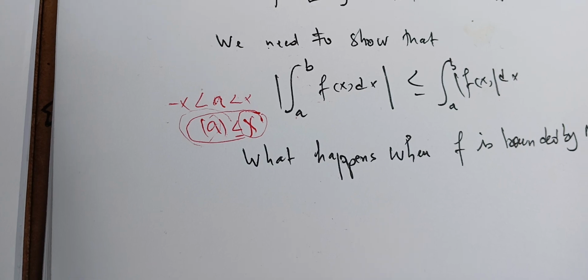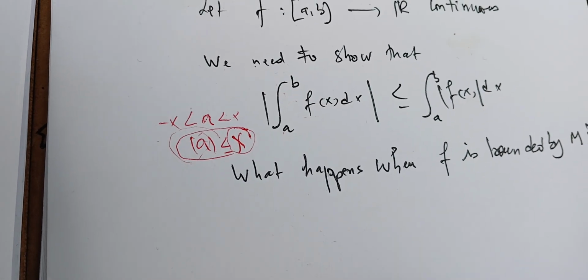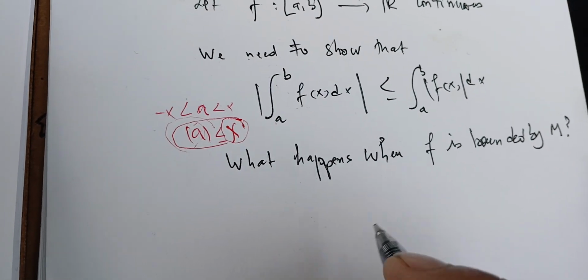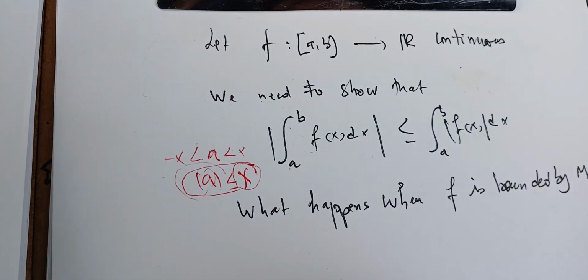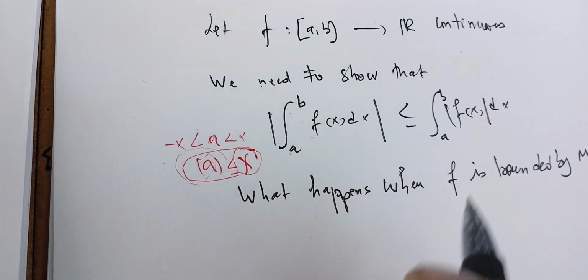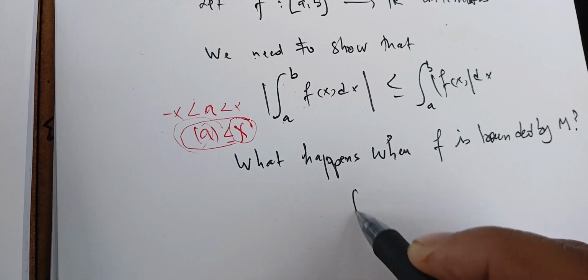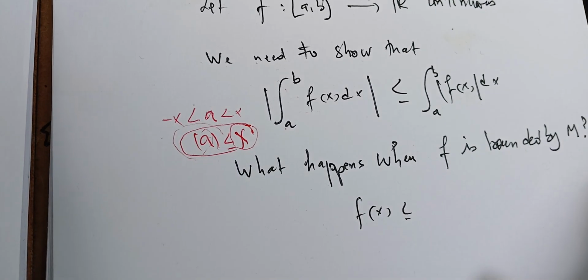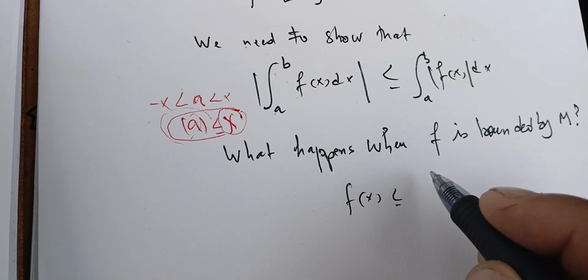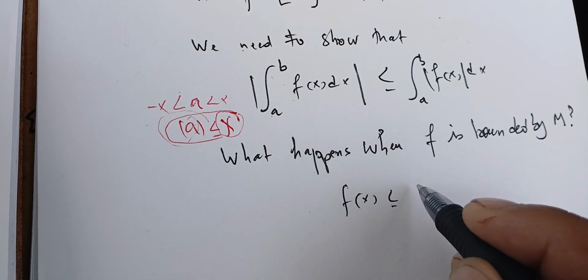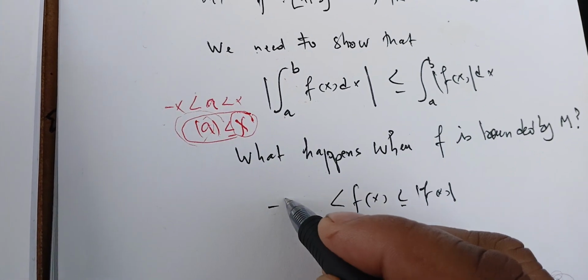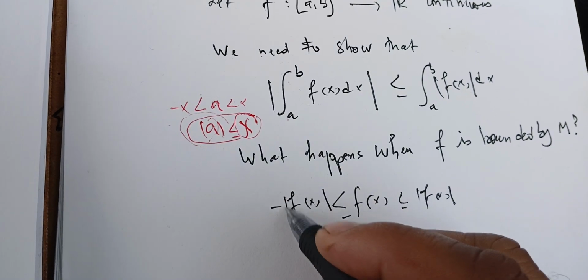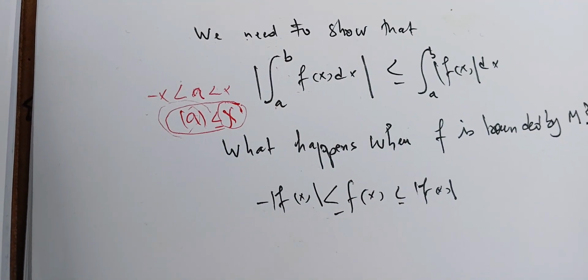Given any function, because we are given this function that's continuous in this interval a, b, we can write that the values of f of x are always between the absolute value of f of x and minus the absolute value of f of x. It can't exceed that.